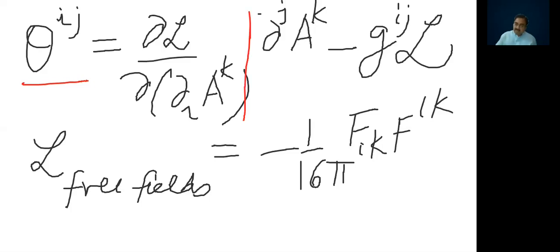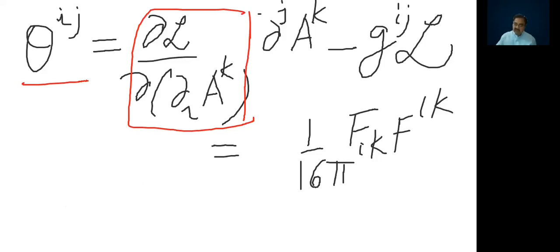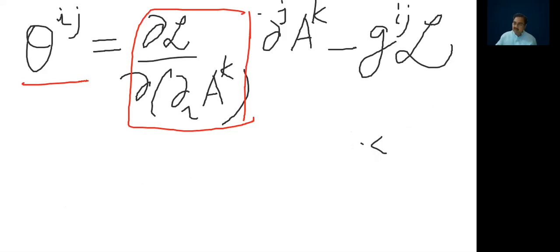Let us calculate the first term, okay? And since we have some practice of doing it, as I gave you in a problem in my earlier lectures, how to find this expression in the red box here. It is ∂L over ∂(∂_i A_k), and you have this whole thing. So put L there for the free fields, and just calculate it. Since we have already done this exercise, I will write down what the answer should be.